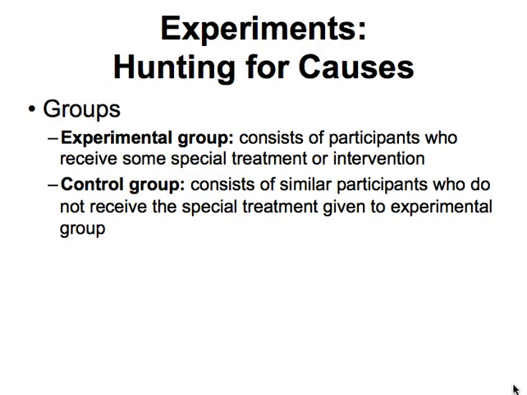To go back to our research example, the participants assigned to the experimental group will drink enough alcohol to reach a certain BAC level. The participants assigned to the control group will drink something non-alcoholic.